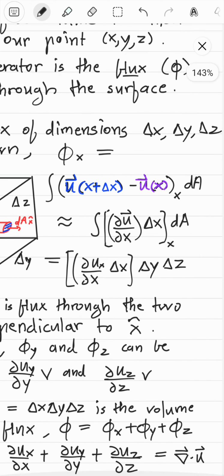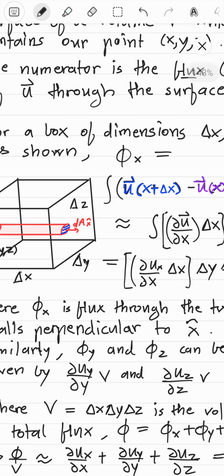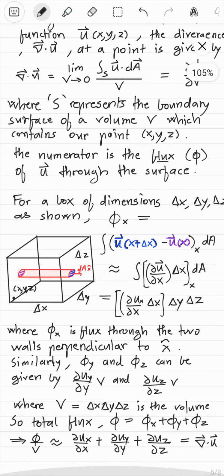Of course it should just be the x component of this because the dA vector is in the x hat direction and dA is just the magnitude. So our flux in the x direction just becomes partial ux upon partial x times delta x, delta y, delta z. Now delta x, delta y, delta z is the volume of this box.